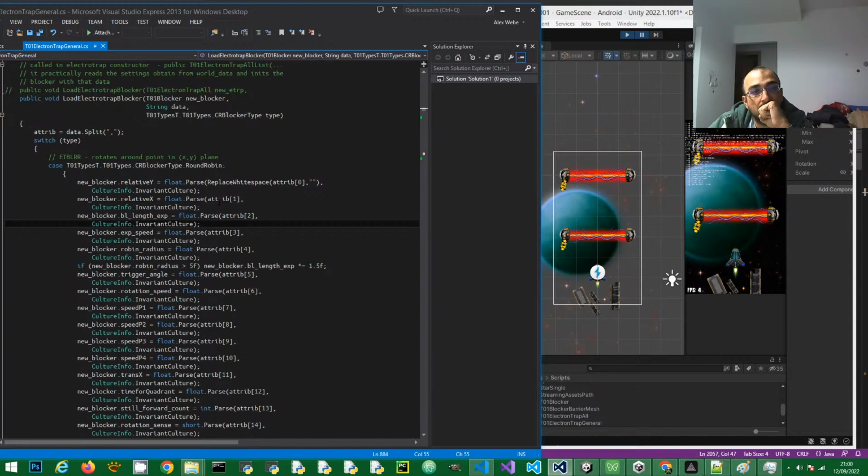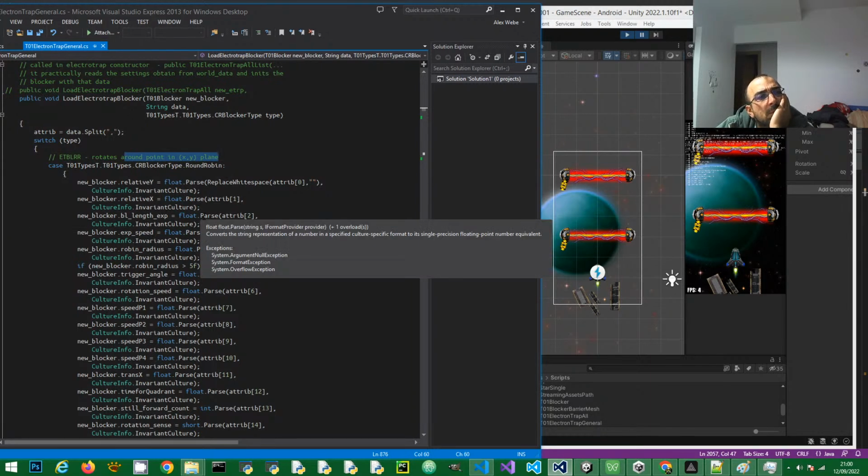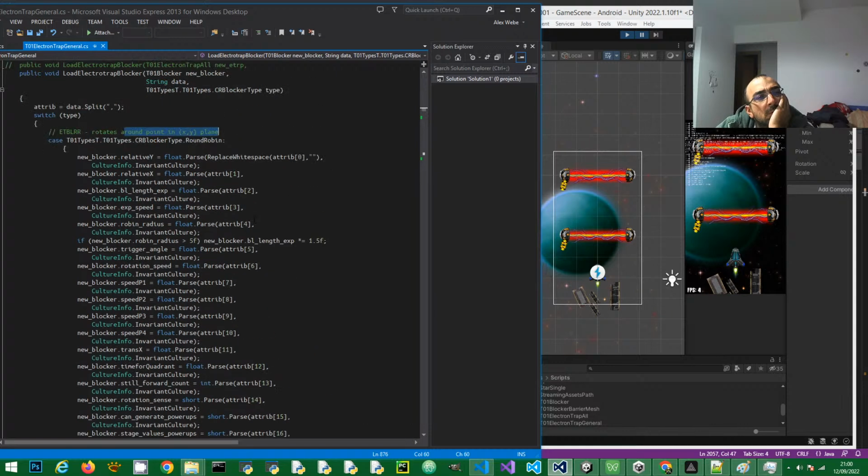Okay. Round robin. Expand speed. Ah, yes. I think that.